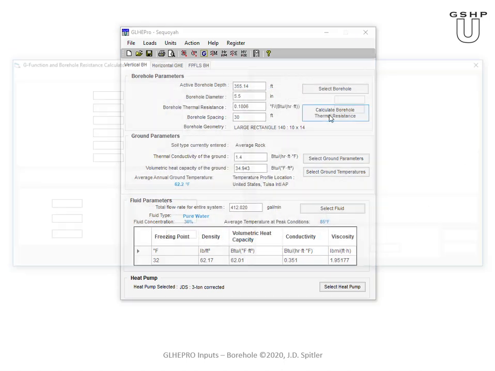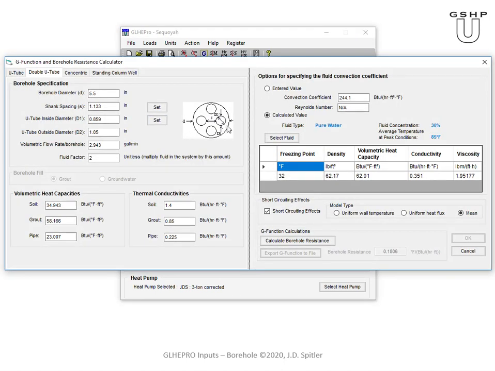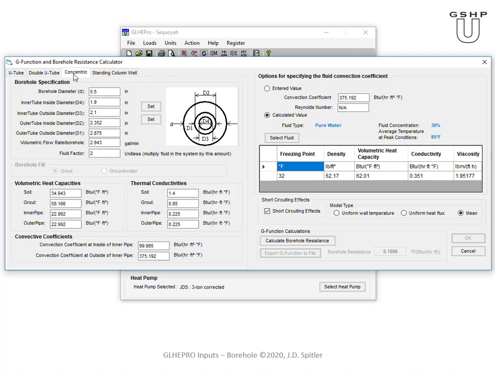Okay, so let's go back. Let's look at the concentric tube. Sorry, it's not a U-tube, it's just a concentric tube. So we have a little bit confusing diagram. We have a borehole diameter, we have an outer pipe, and then an inner pipe.